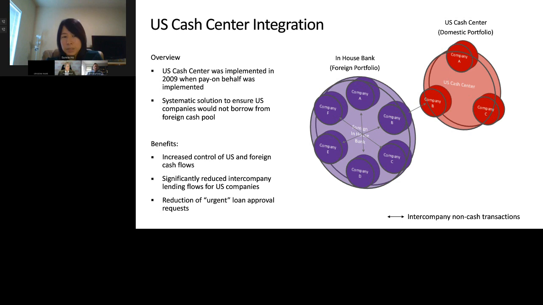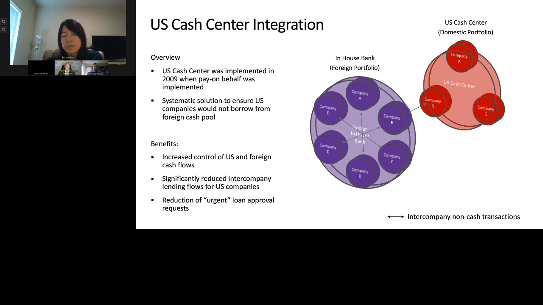In SAP, we are able to link the two cash centers. If a US entity ends up with a negative balance during the day, the SAP overnight job will run and transfer, what we call internal funding, between same entities, different accounts within the cash center.